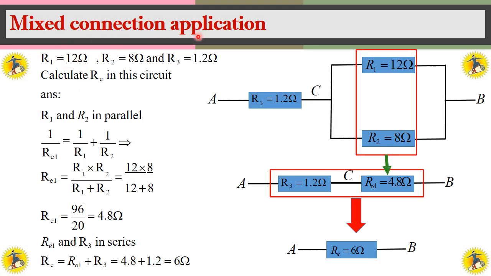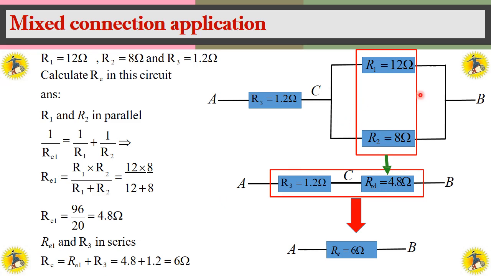Mixed connecting, or connection application. If we have the two cases, parallel connection and series connection, in the same circuit, with R1 equal 12, R2 equal 8, R3 equal 1.2. First, we calculate the R equivalent of R1 and R2. We use the formula R1 times R2 over R1 plus R2, and we get 4.8.